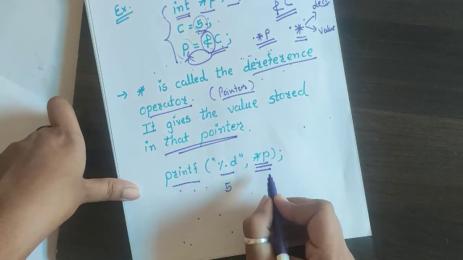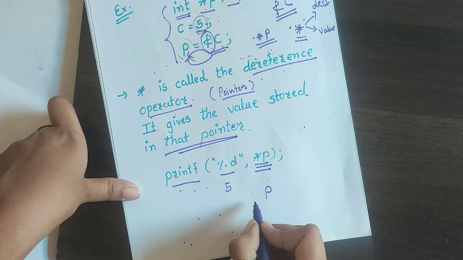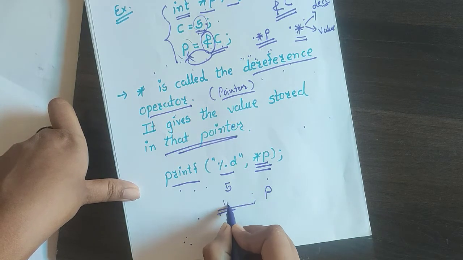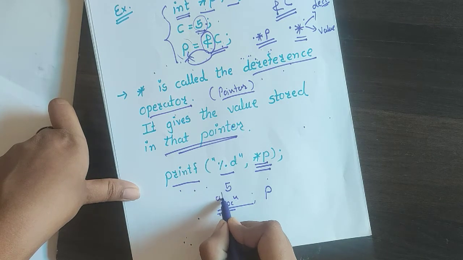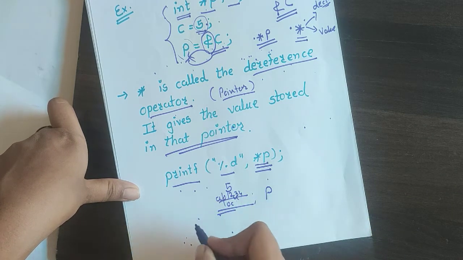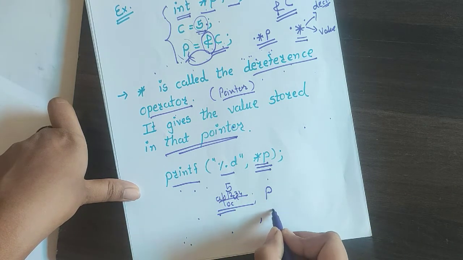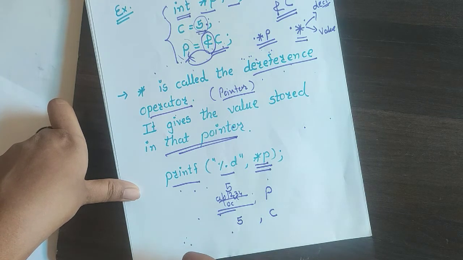If instead of *p I write simply p, then it will print some location, anything, like a, b, 1, 2, 3, 4, any value; you can try it as well. Now if I print c, then also it will print 5.